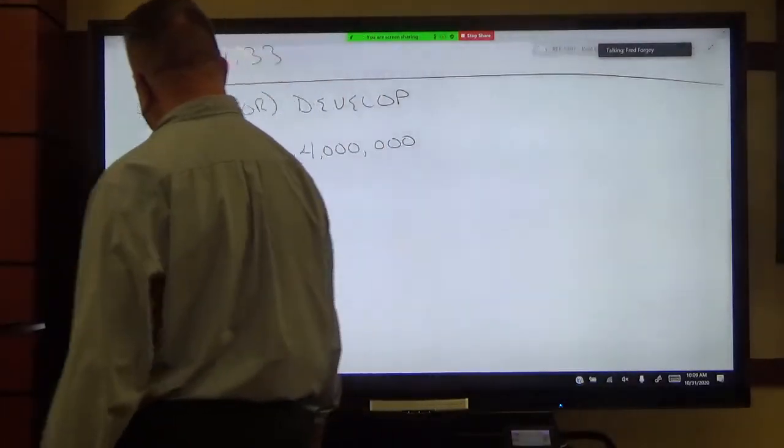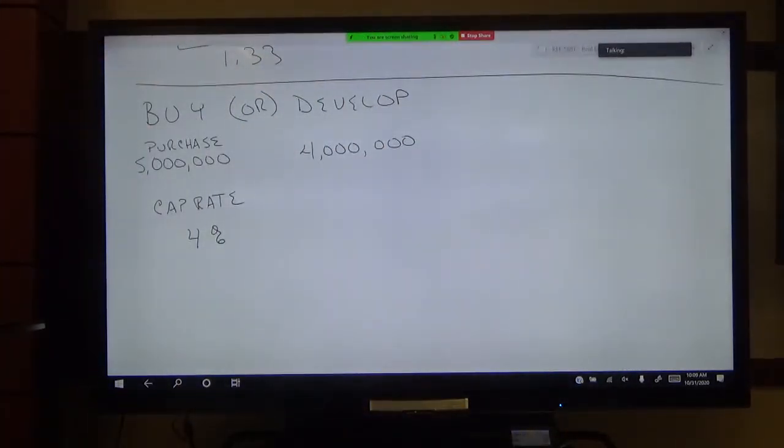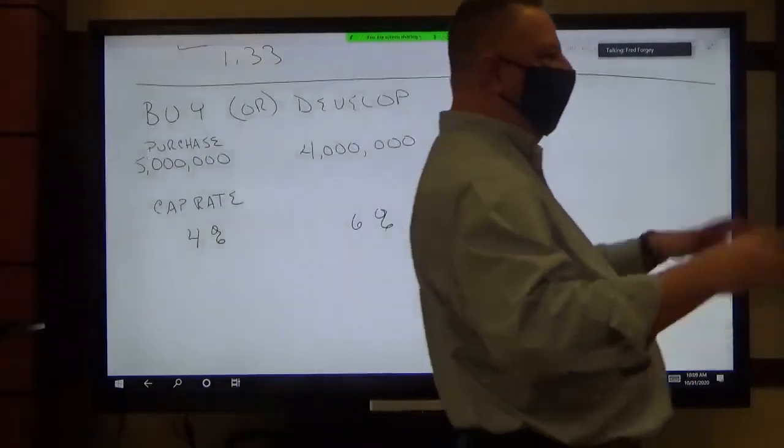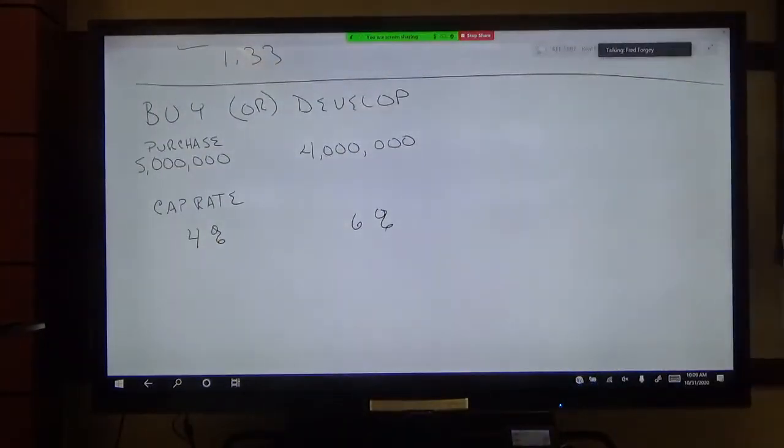Whereas over here, once we get everything built and potentially open for occupancy, maybe the cap rate is, let's say, 6%, because of the higher risk of getting through all of that brain damage and then ultimately getting it open for occupancy. Does everybody understand what we're saying?